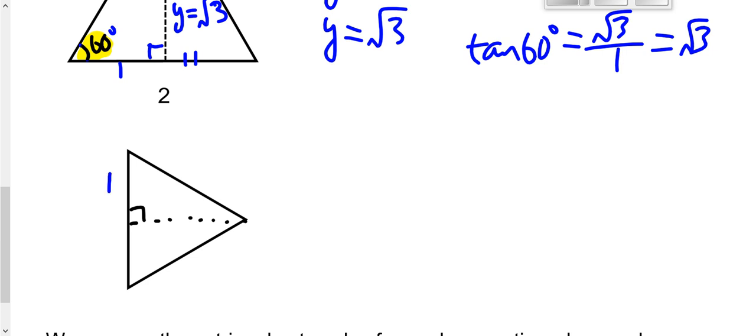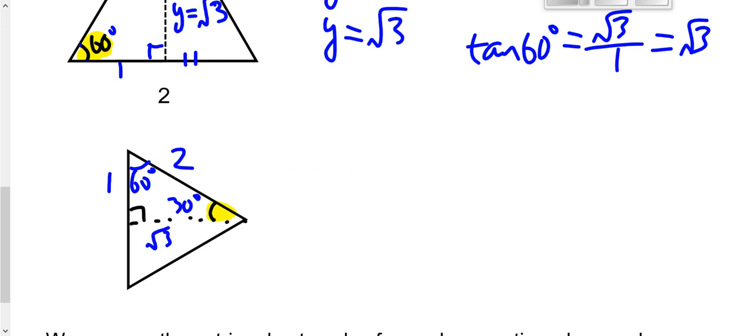The length here is 1, the length of this side is still 2. This is 60 degrees and this is 30 degrees, and the length here is root 3. This time the angle I'm referring to is 30 degrees.